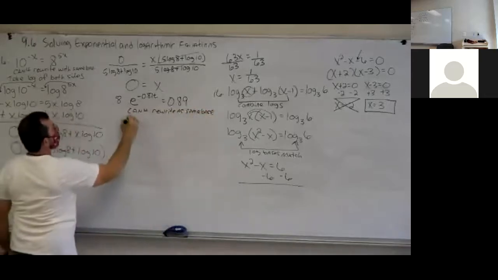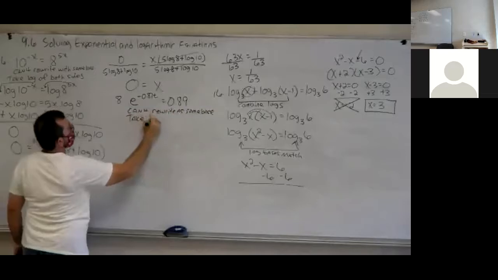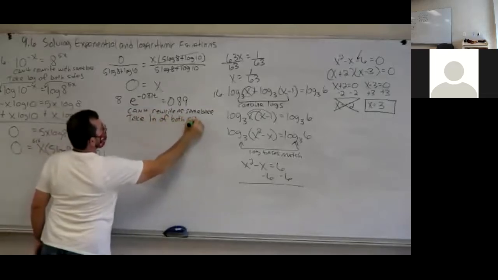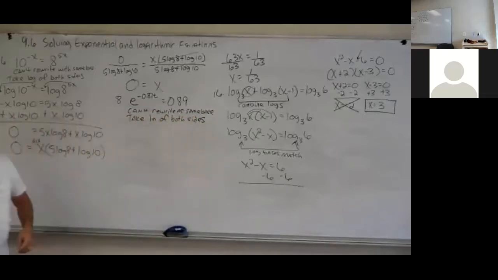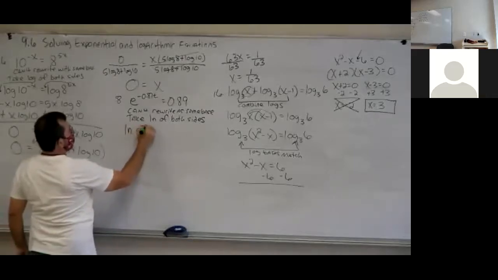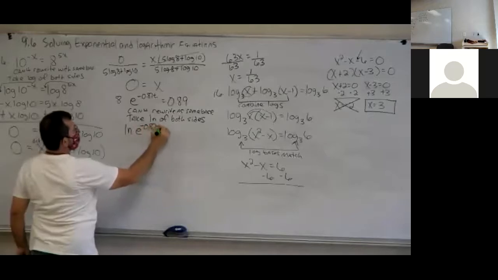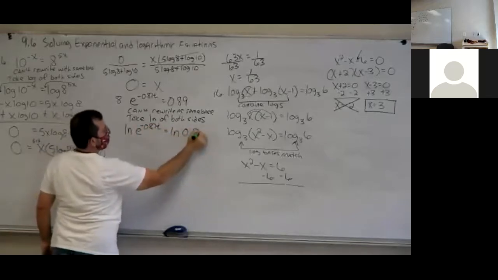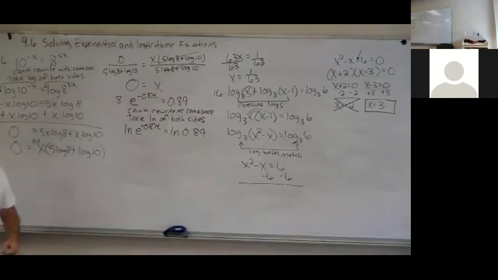So, I'm going to take ln of both sides. e has ln, because when I get down to the point where I got an ln of e, I know that equals a 1, okay? So ln of e to the negative 0.87t is going to equal ln of 0.89.